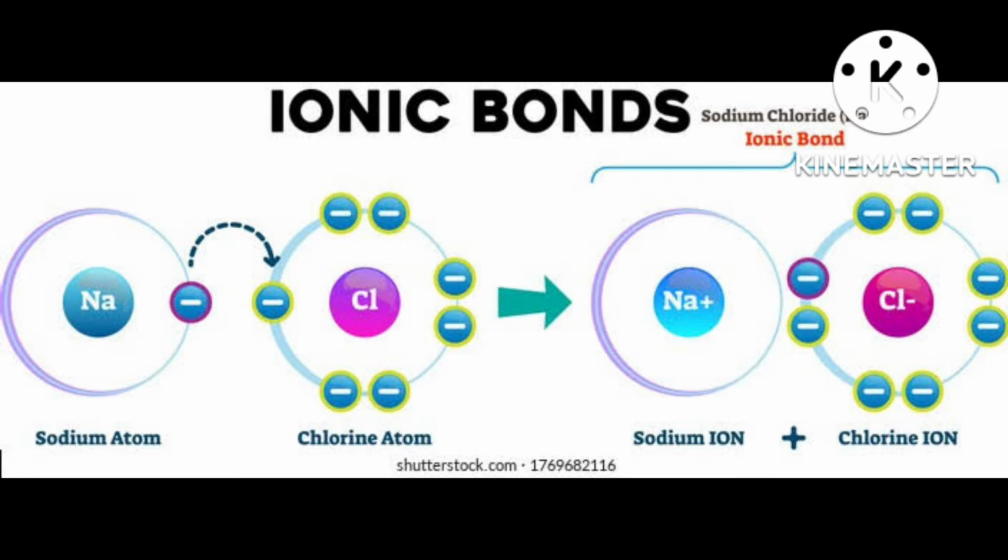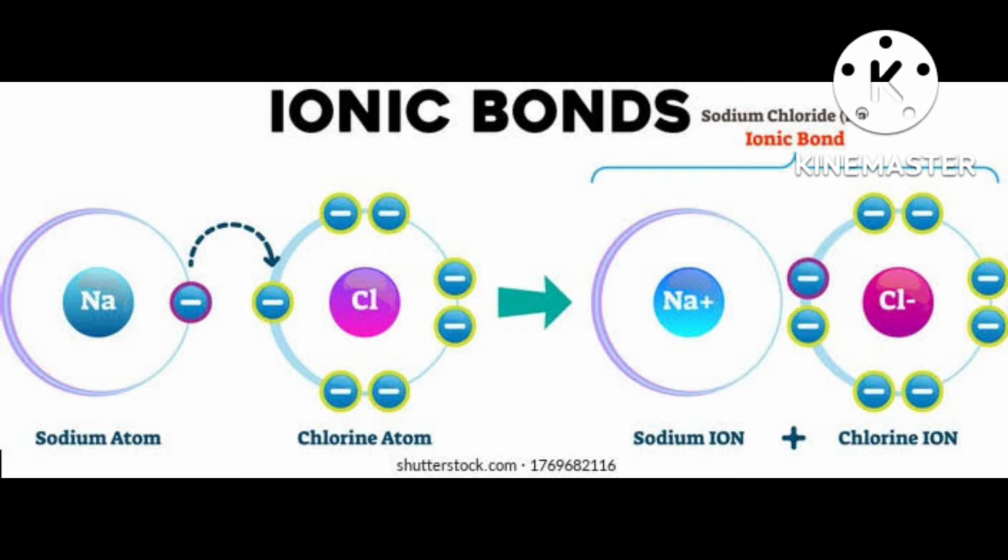This is the condition. Again, I am telling, ionic bonds will be formed more easily between elements with comparatively low ionization enthalpies and elements with comparatively high negative value of electron gain enthalpy. This is the main condition.